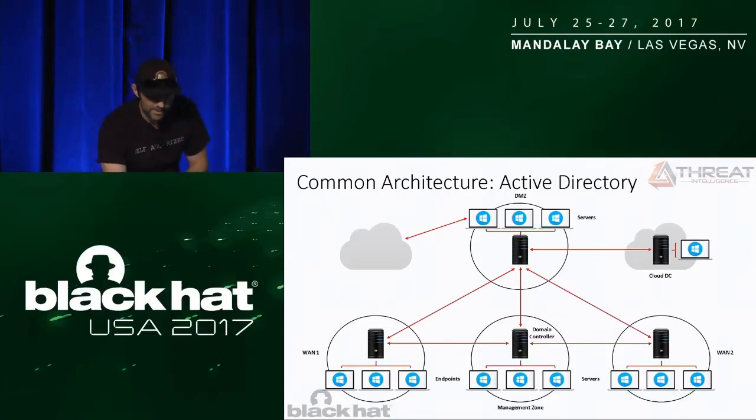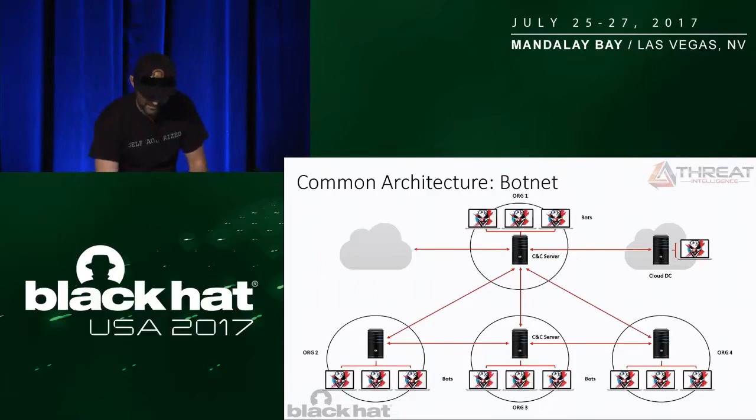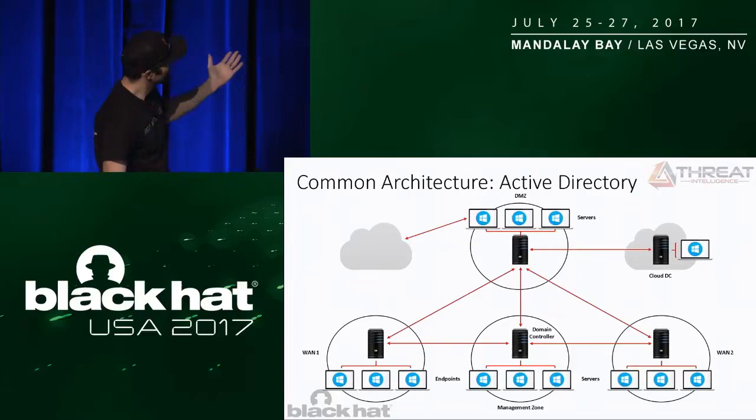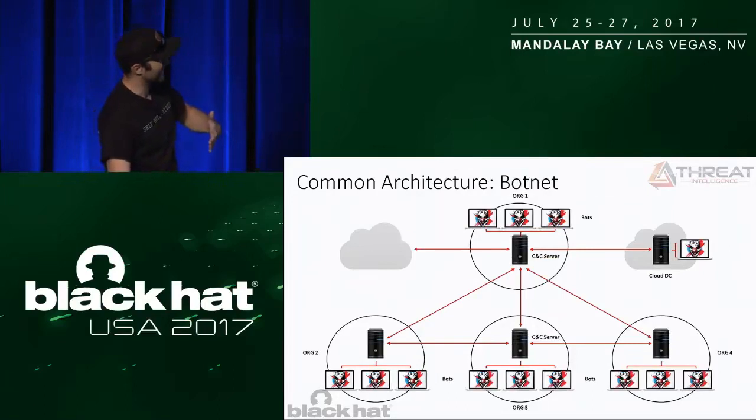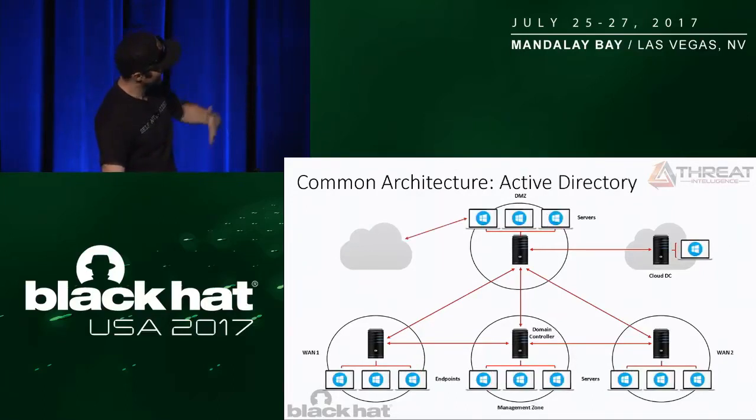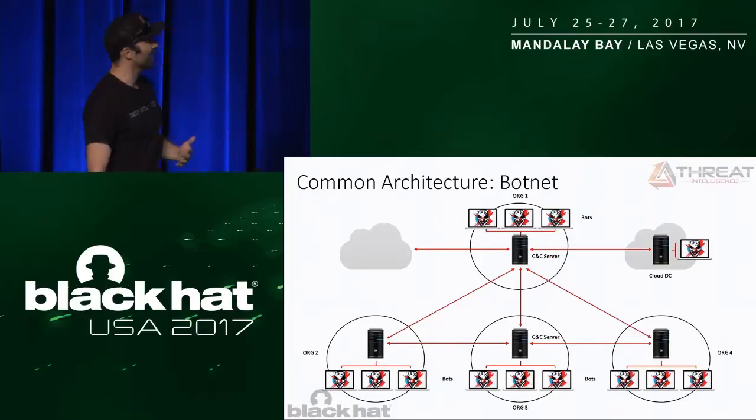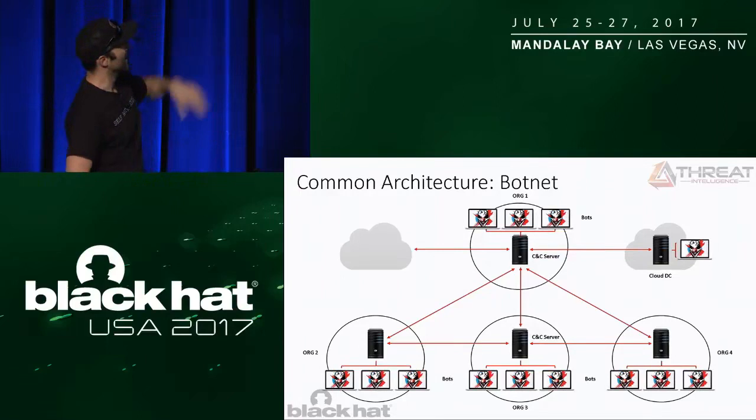So, let's have a look at a common botnet architecture. Wait a minute. That looks very familiar. Active Directory, botnet architecture. So you've got, in this case, different organizations as represented by the circles.